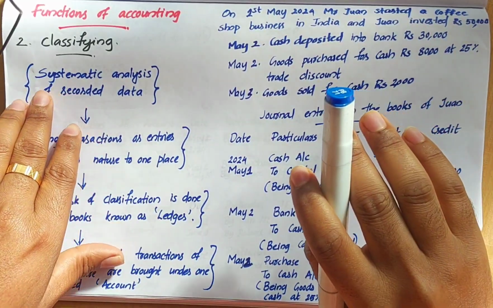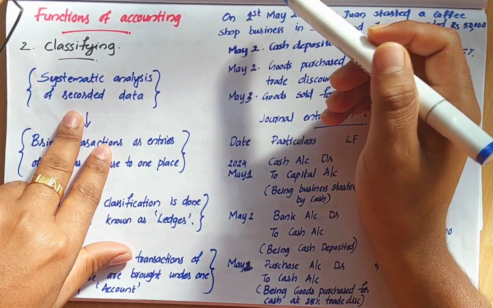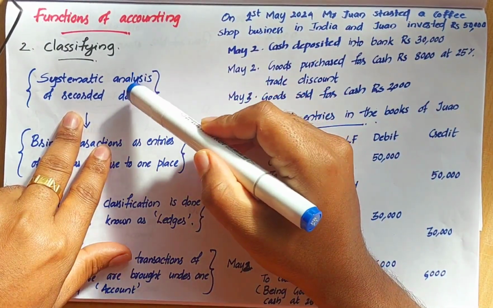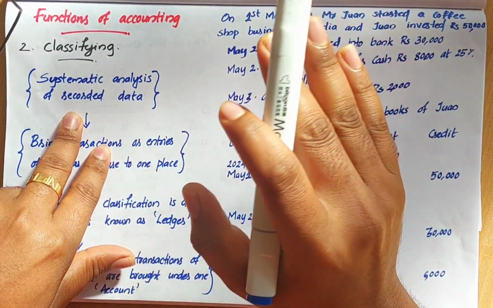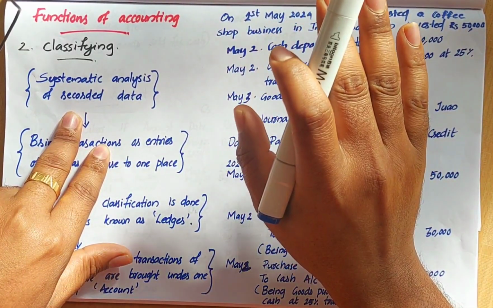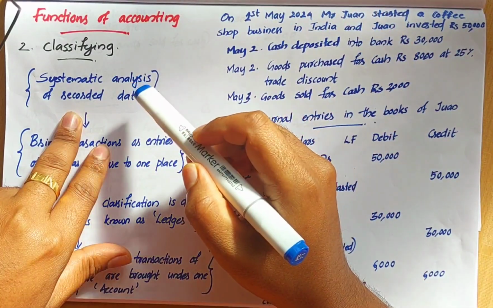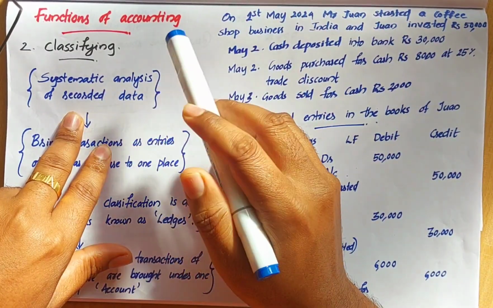So here we are going to discuss classifying. Classifying is the systematic analysis of recorded data. We have already recorded the data; the data is with us, that is nothing but journal entries. What we are doing with those entries is a systematic analysis of the recorded data.